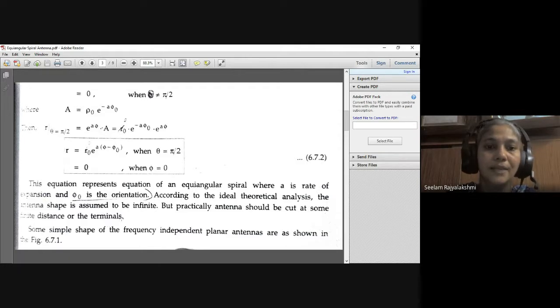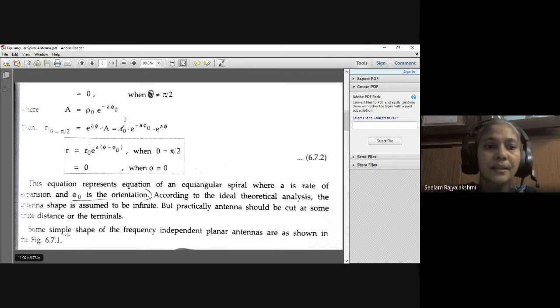That means we have to cut at a particular point where the radiation becomes zero or negligible. Practically, we have to truncate the antenna. So, according to the ideal theoretical analysis, the antenna shape is assumed to be infinite, but practically it is not possible, because the antenna should be cut at some finite distance or at the terminals.